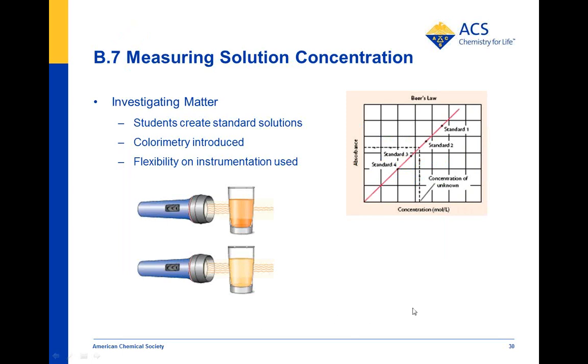So here is measuring solution concentration. We introduced the idea of colorimetry, and we introduced Beer's law. We introduced the idea of a calibration curve and standards, and students need to make some diluted solutions.